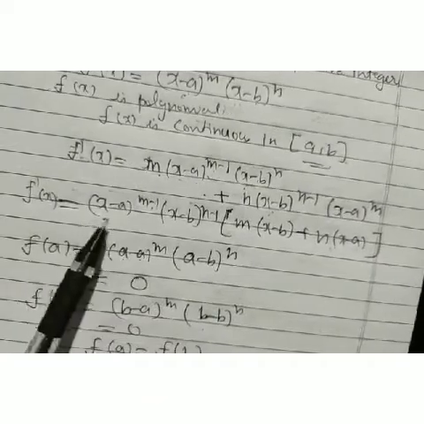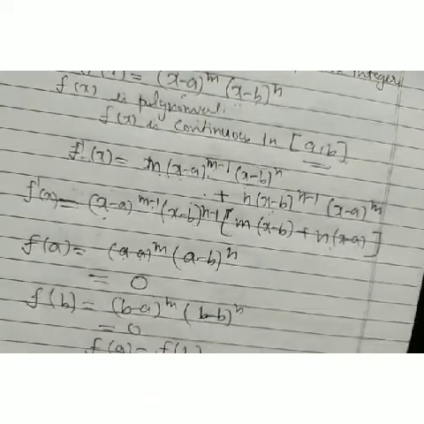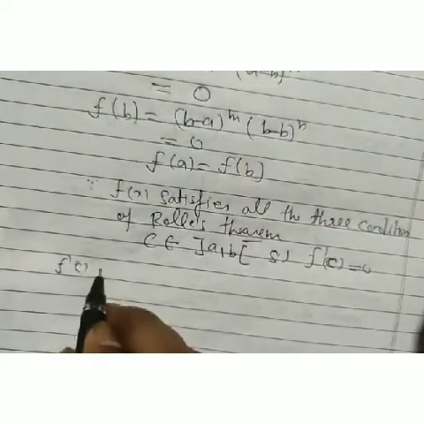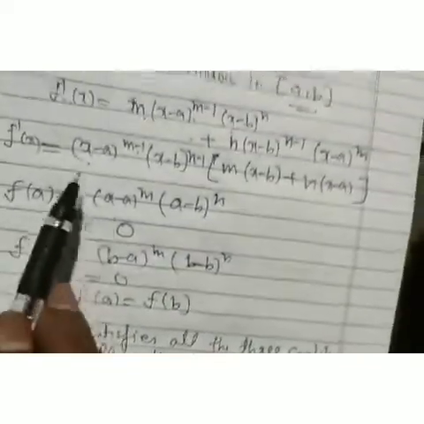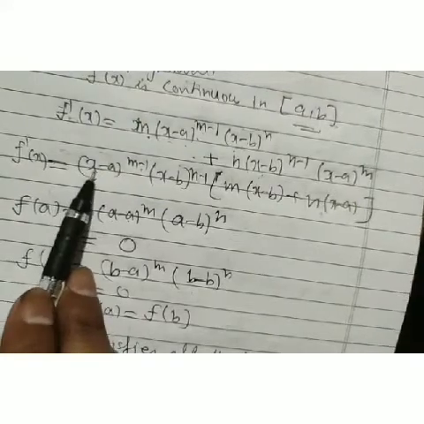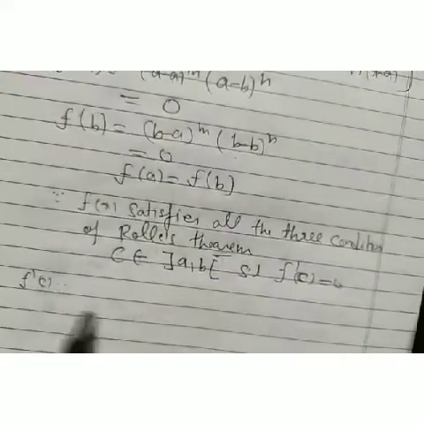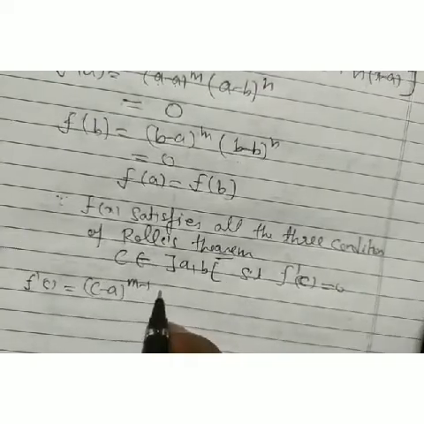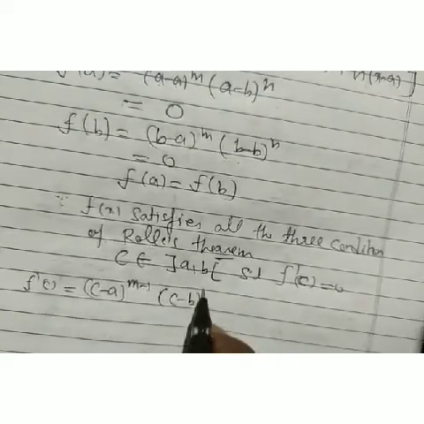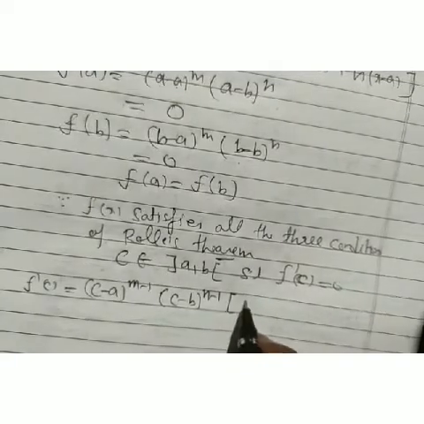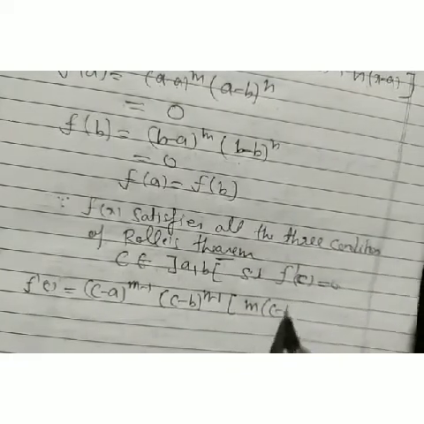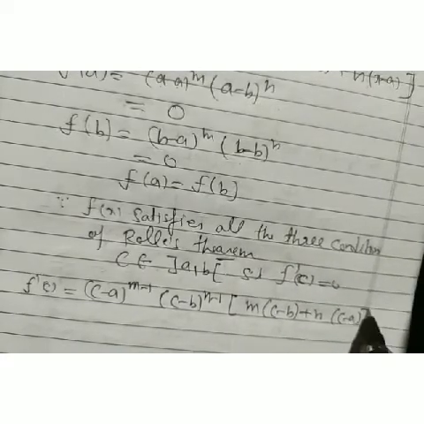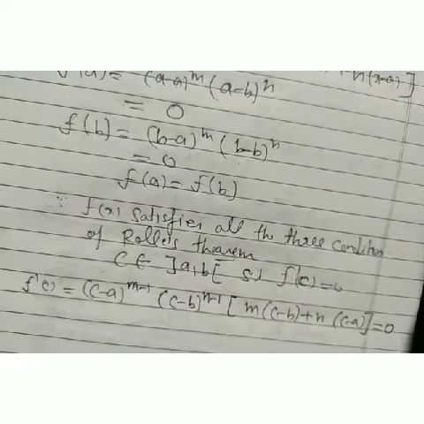Putting c in the place of x, our f dash c is given by c minus a to the power m minus 1, c minus b to the power n minus 1, then m times c minus b plus n times c minus a equal to 0.